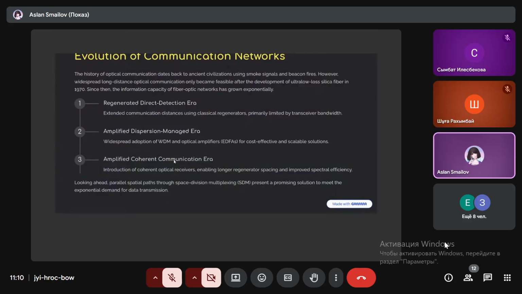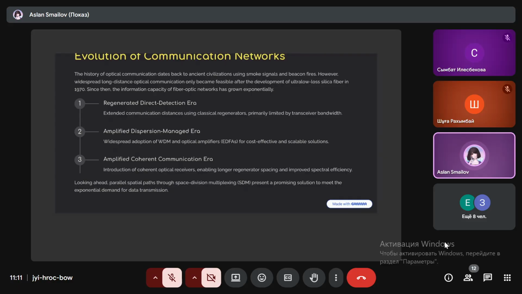Okay, next one is the evolution of communication networks. The history of optical communications dates back to ancient civilization, using smoke signals and beacon fires. However, widespread long distance optical communication only became feasible after the development of ultra low loss silica fiber in 1970.